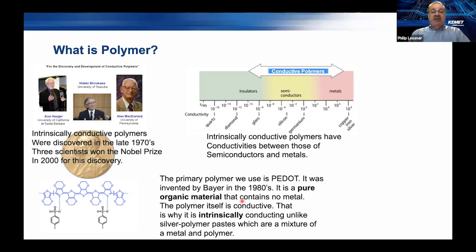So the polymer itself is conductive. That's why we call it an intrinsically conductive polymer. This is as opposed to materials like silver polymer paste, which are a mixture of a metal and a polymer. These intrinsically conductive polymers contain no metal and have a pure organic backbone, which is shown here on the bottom left-hand side of the slide.